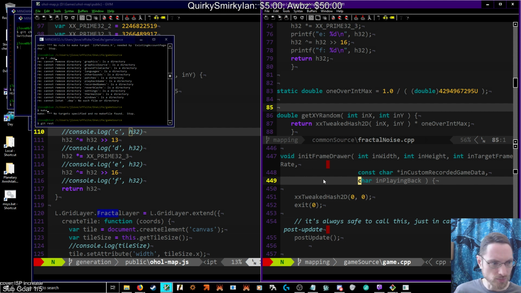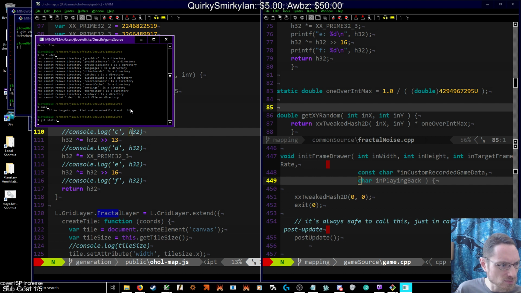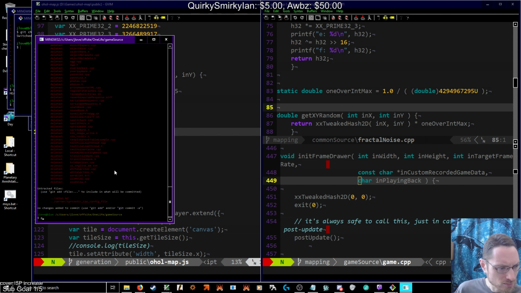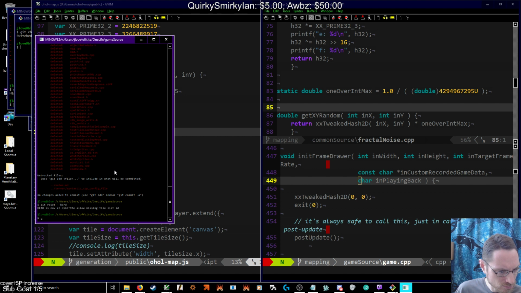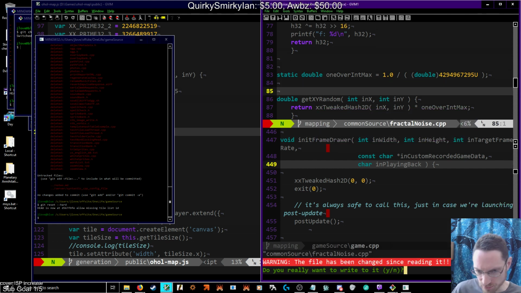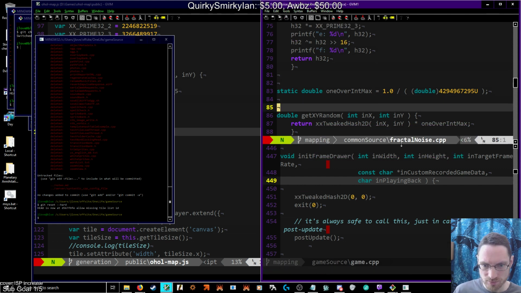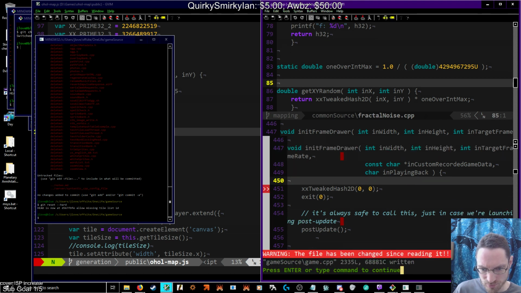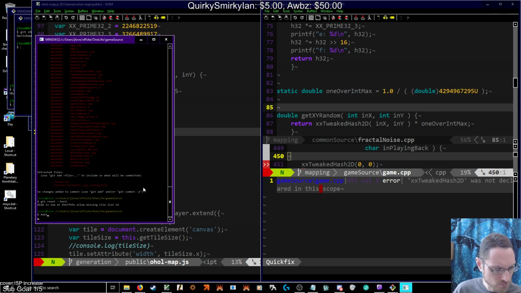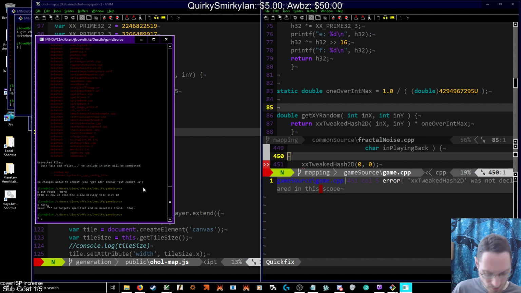So we've got two modifiers. Well, they're both in the editor. No, don't load file. And that took out the makefile.